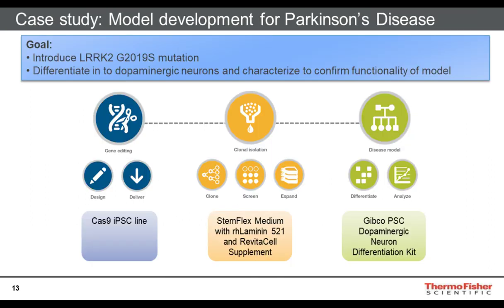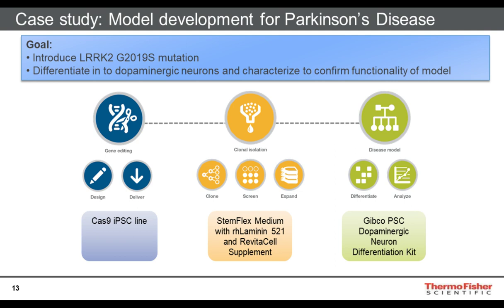So then with this, I'm going to switch to one of these disease models and present you a little case study that we've done in the development of a model for Parkinson's disease. So what we did is we introduced the LRRK2 G2019S mutation using the tools I had described in our Cas9 iPSC line.